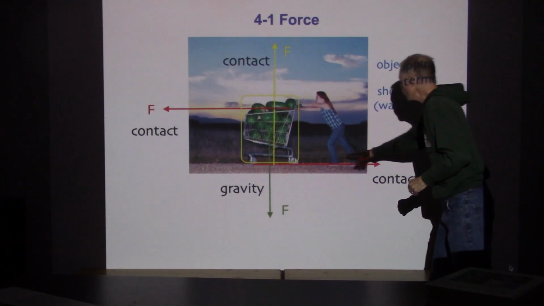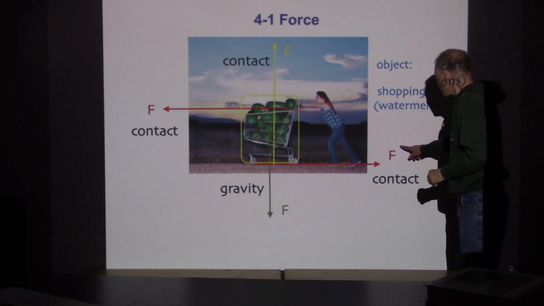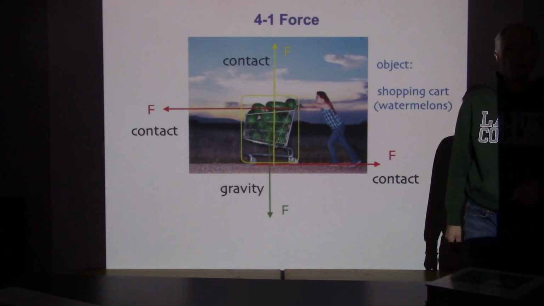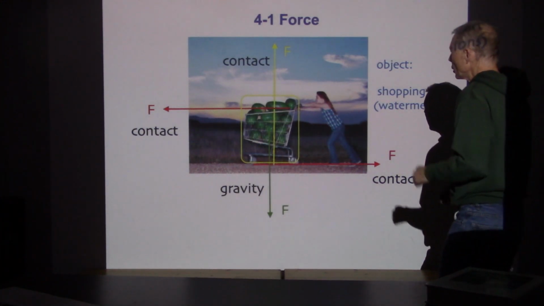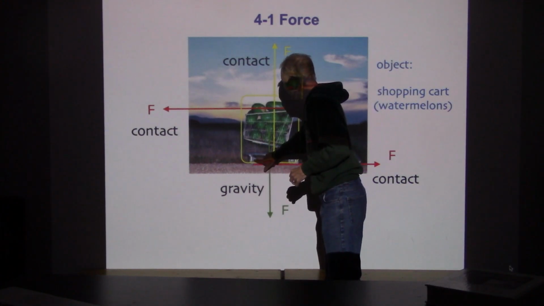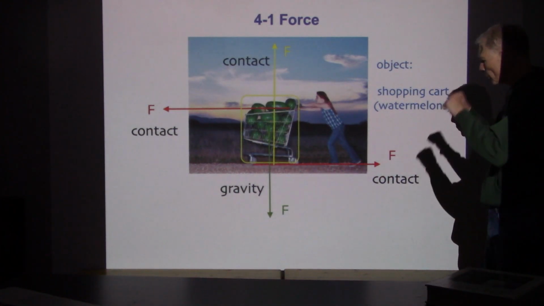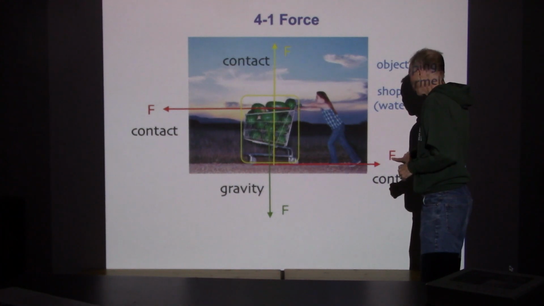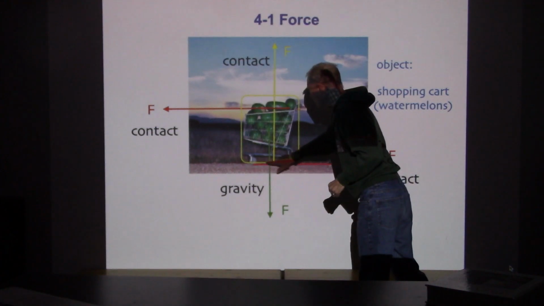Now, I'm going to say that there's a force coming back, this is also a contact force, but this force specifically is what we refer to as friction, is what I'm guessing. Most of the shopping carts that I've worked with have a fair amount of resistance in the bearings, and so when you push them, you can feel that there's an opposing force, and that's coming from static friction along the wheels.